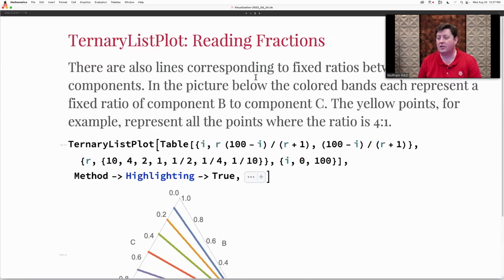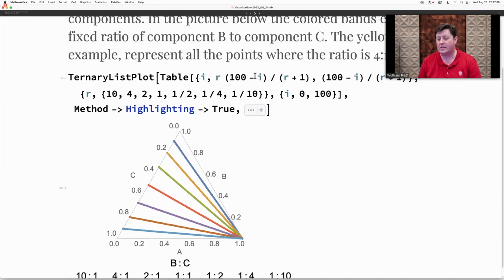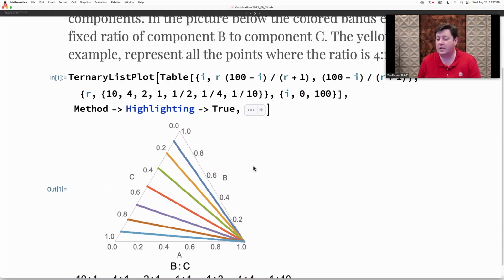The other thing that we can look at is the ratio of points of components. And so let's reevaluate that real quick. I have an experimental thing turned on.